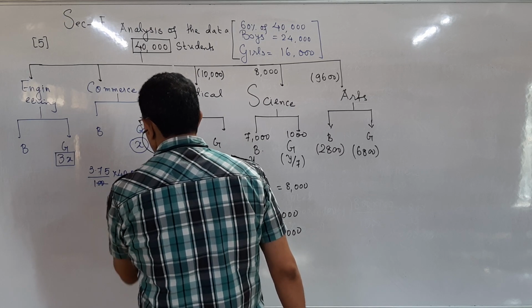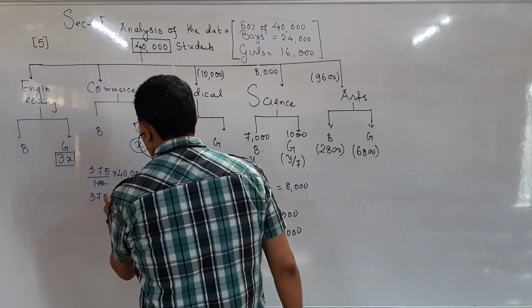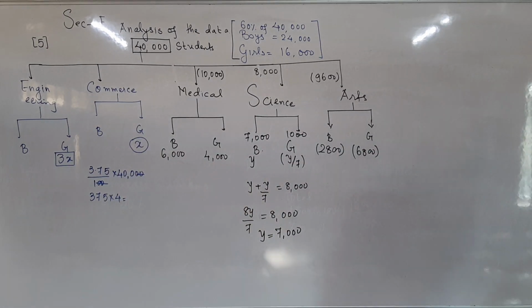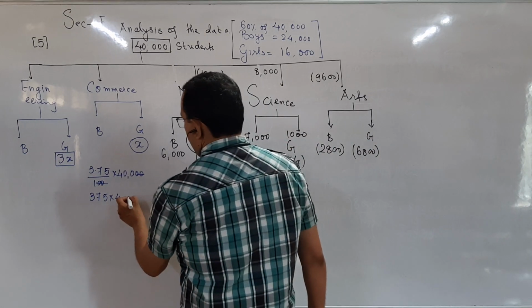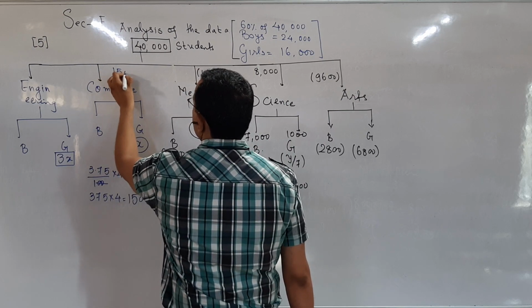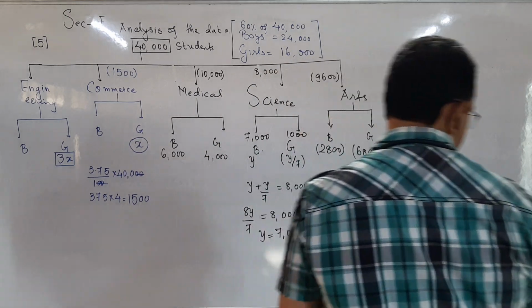These two zeros and two zeros get cancelled. So it is 375 into 4, and that comes out to 1,500 students. So the total number of students in commerce is now easily judged.